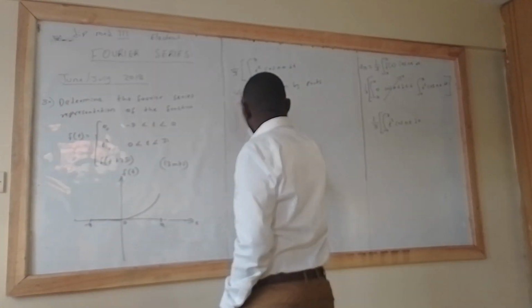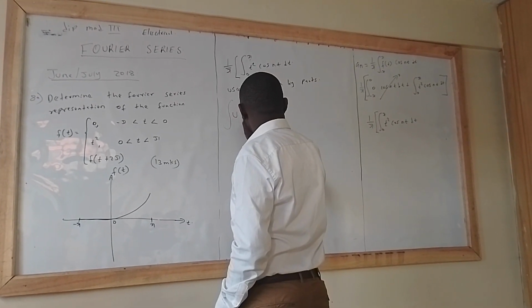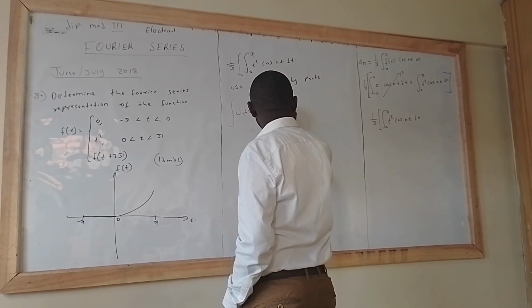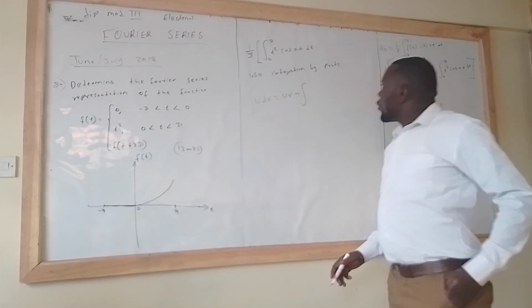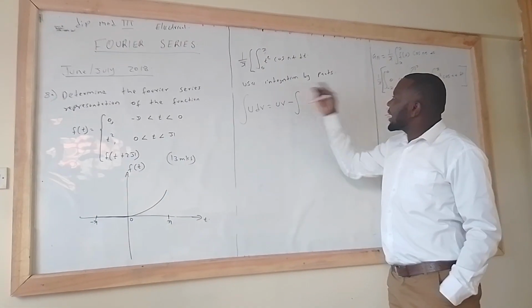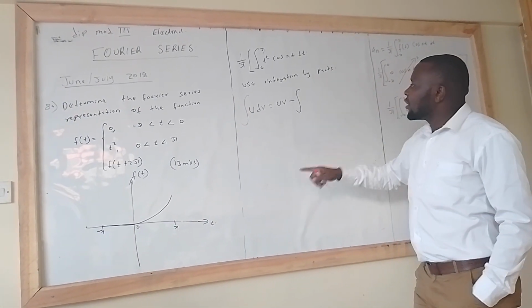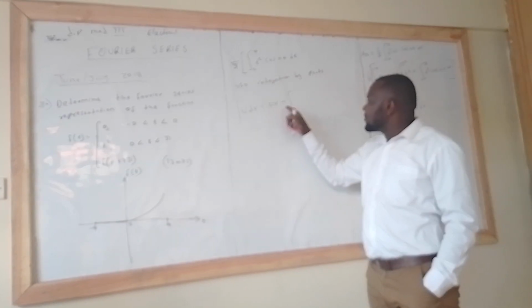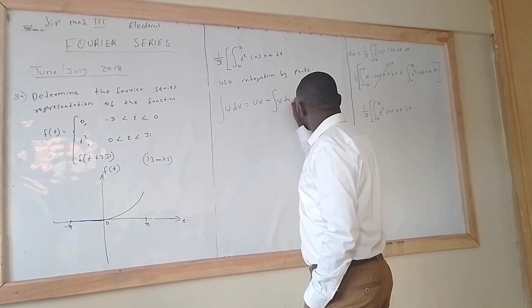You are going to use the formula: the integral of u dv is equal to uv minus the integral of v du.